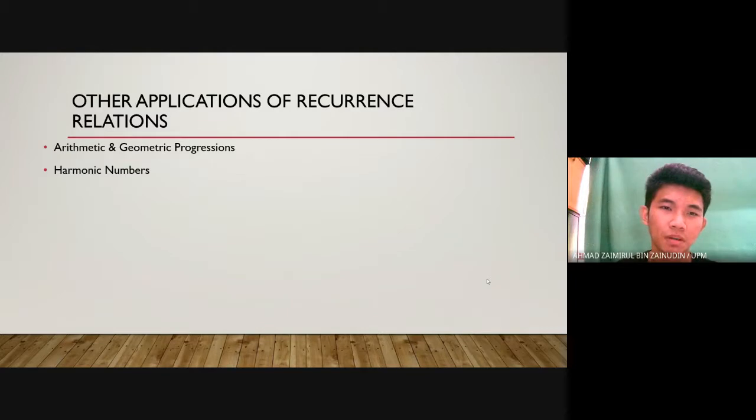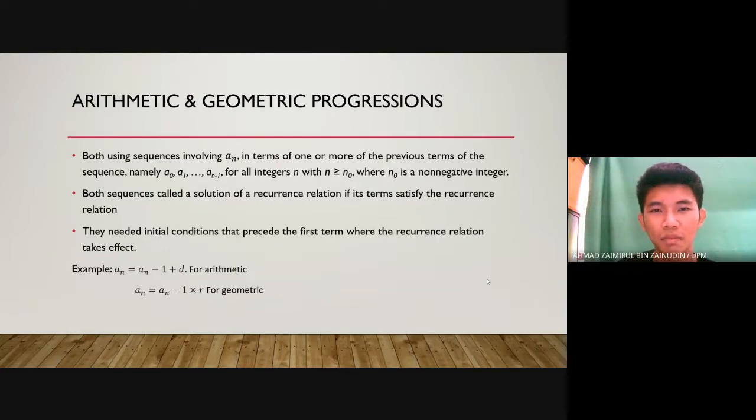Okay, so last but not least, this is another application of recurrence relations, which is arithmetic and geometric progression and harmonic numbers. First of all, arithmetic and geometric progressions have the same purpose: both use a sequence involving an in terms of one or more of the previous terms of the sequence, namely a0, a1, until an minus 1, for all integers n with n more than n initial, where n initial is a non-negative integer.